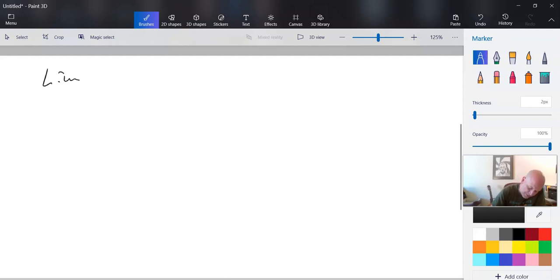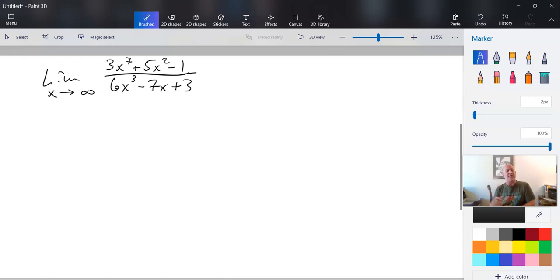Okay, let's say we have the limit as x approaches infinity of 3x to the 7th plus 5x squared minus 1 over 6x cubed minus 7x plus 3. Ooh, good stuff right there. Okay, so it does look a little bit crazy.